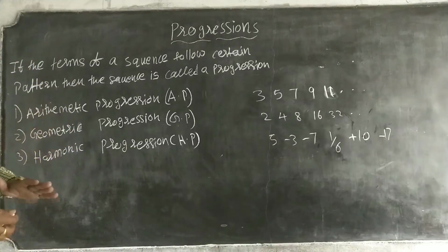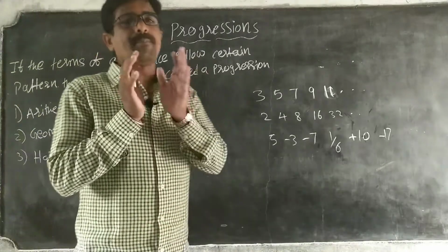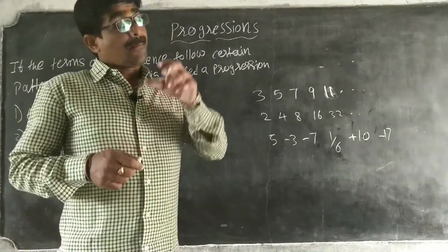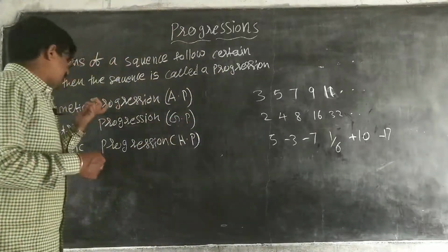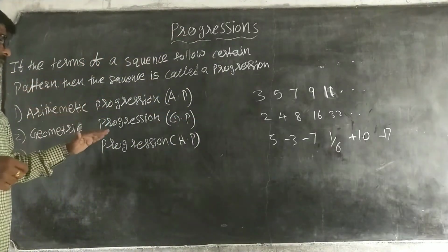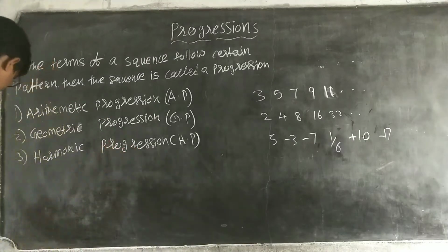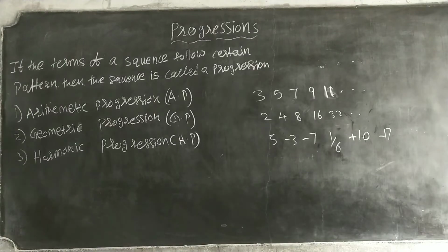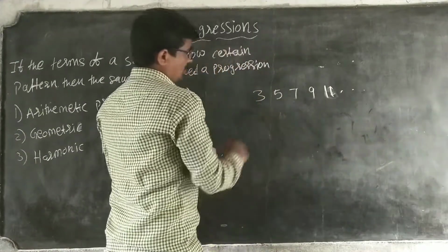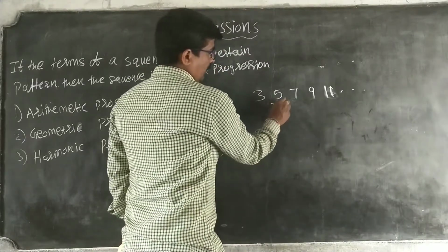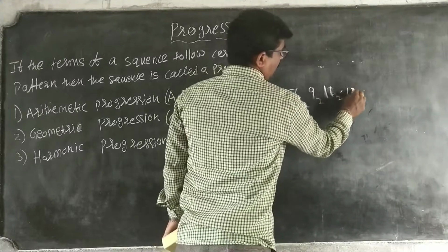So progression means a sequence that follows a certain pattern. Based on that pattern only, they are divided into arithmetic progressions, geometric progressions and harmonic progressions. Observe here: 3, plus 2 is 5, 5 plus 2 is 7, 7 plus 2 is 9, 9 plus 2 is 11, 13.